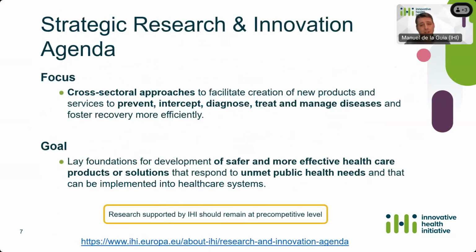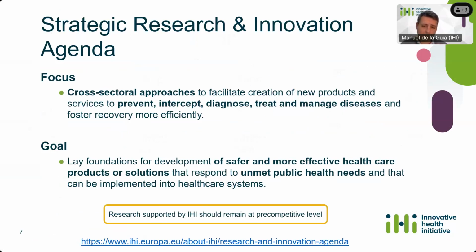The main focus of IHI lies in cross-sectoral approaches to facilitate the creation of new products and services to prevent, intercept, diagnose, treat and manage diseases, and foster recovery more efficiently. Our main goal is to lay the foundations for the development of safer and more effective healthcare products or solutions that respond to unmet public health needs and that can be implemented into healthcare systems.